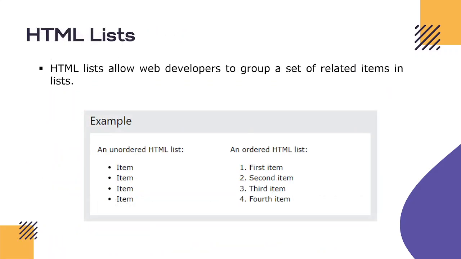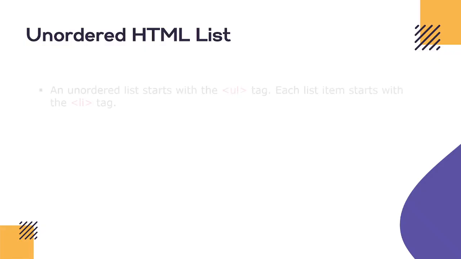HTML lists allow developers to group a set of related items in a list, such as this one. Example, an unordered HTML list and an ordered HTML list. So unordered meaning nakabullet lang, and then ordered, so meron talagang numeric value.